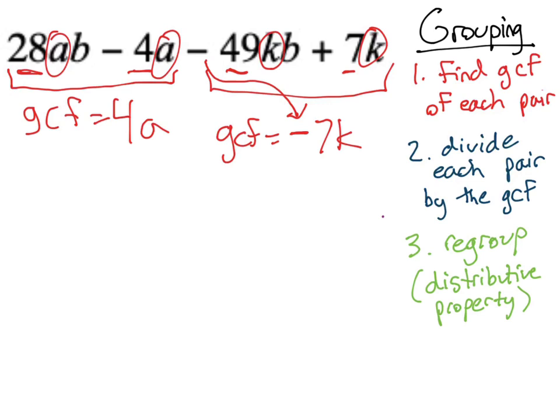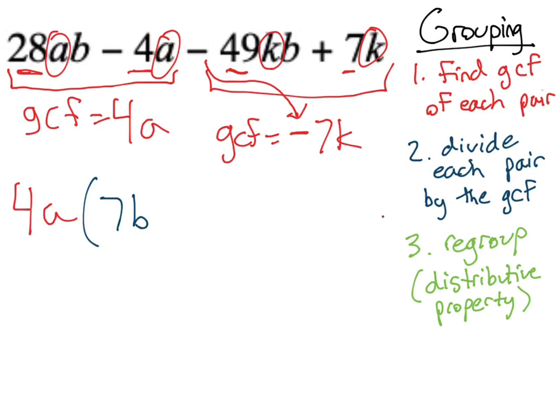Our next step is to divide each pair by the GCF that we just found. So if we start with this group on the left, dividing 28 by 4 gives us 7. And since we've divided by a, that a is no longer inside our parentheses, but we still have 7b.